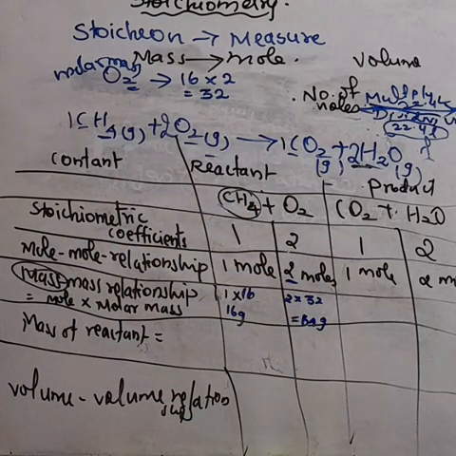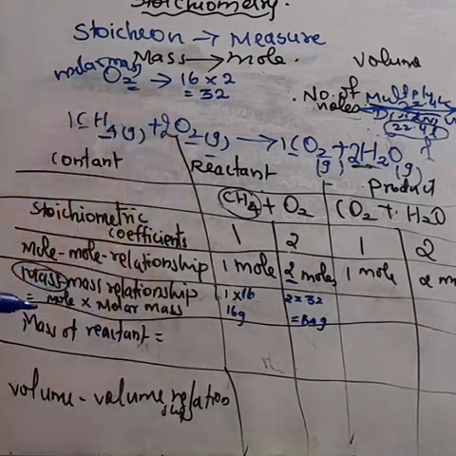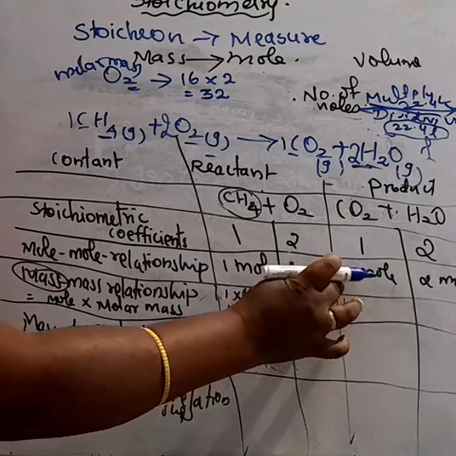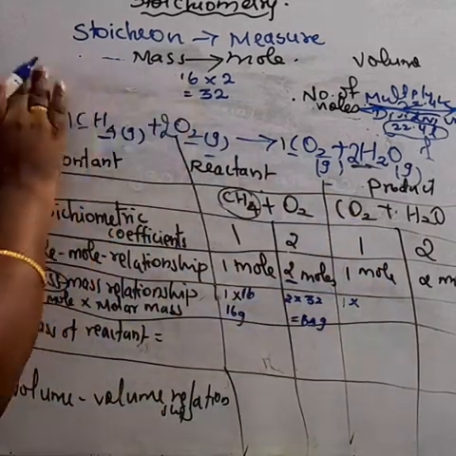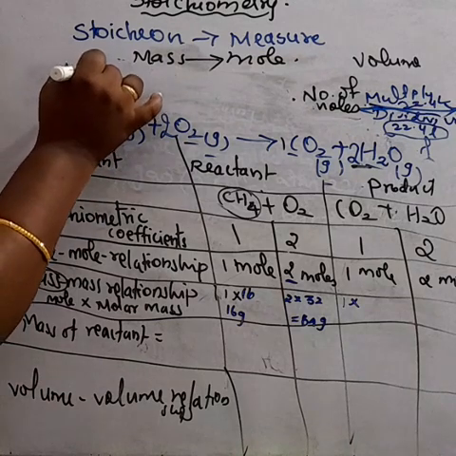Okay, and then the product side. How much mass of carbon dioxide is produced here? The mass is equal to number of moles into molar mass. How many moles? We get 1 mole. So 1 mole into the molar mass of carbon dioxide.